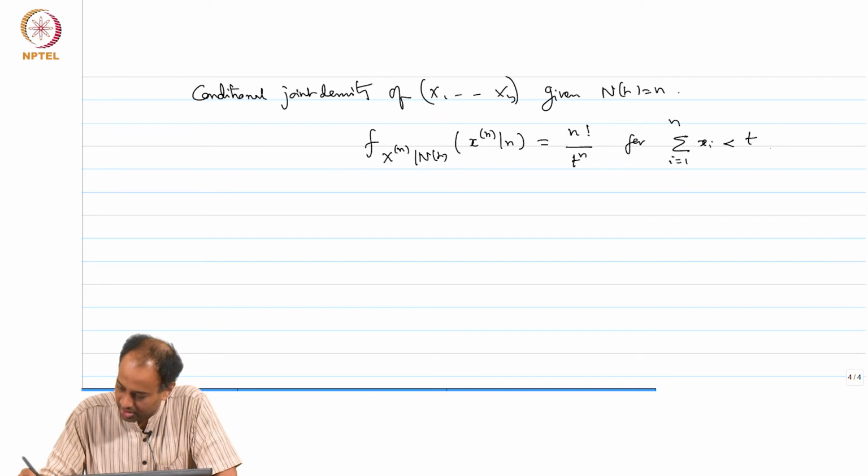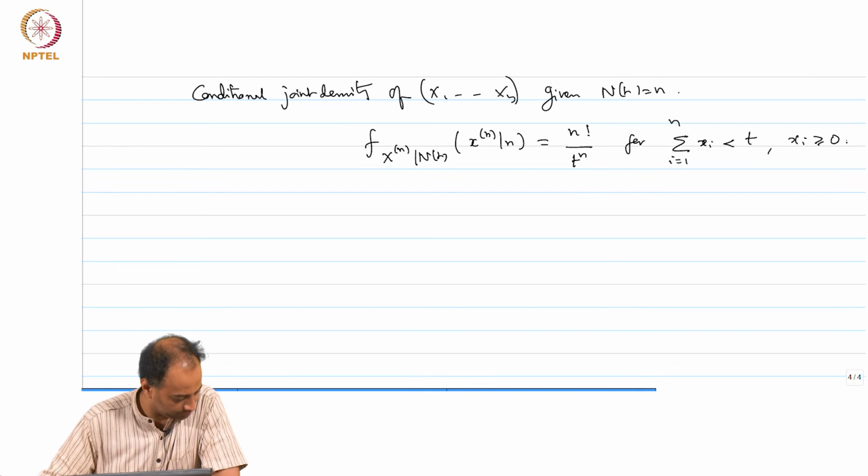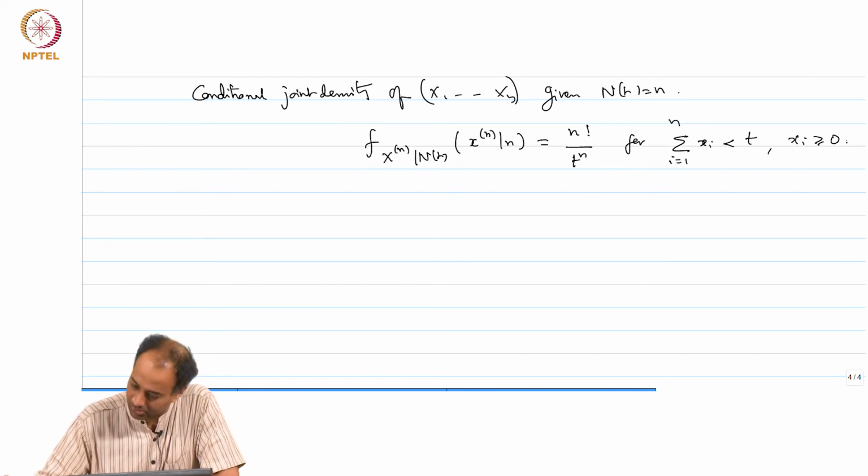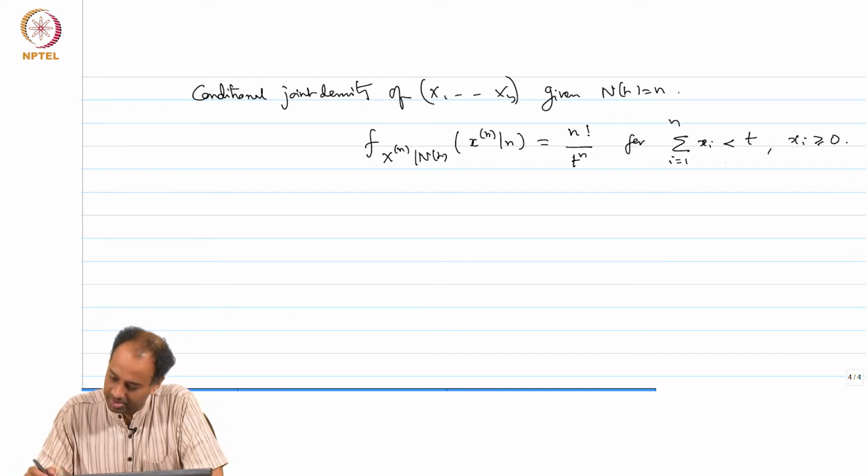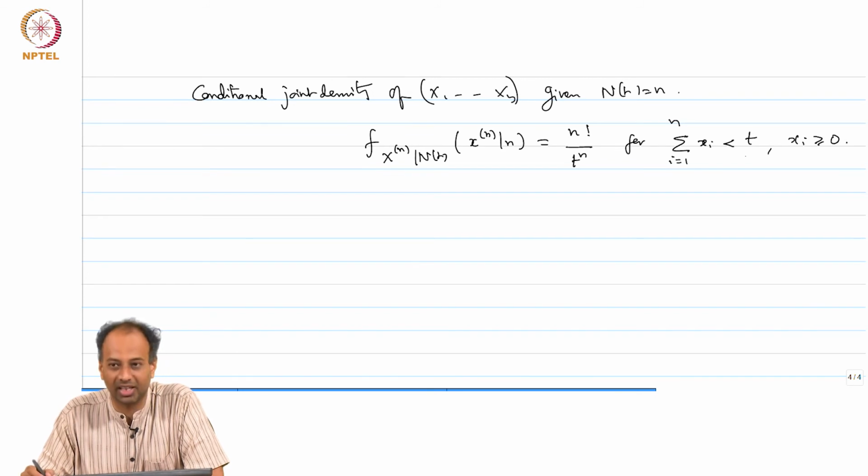So each of these xi's are non negative. Okay. So, it is the same density except that now Sn has to be less than t, and of course, each of these xi's has to be non-zero.